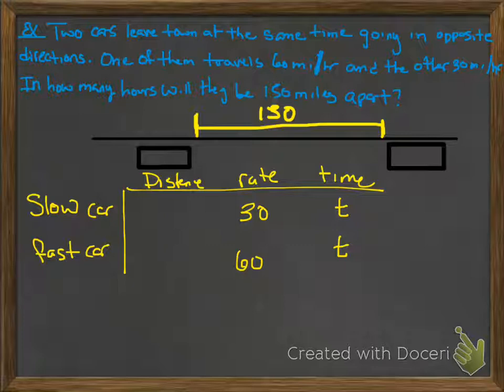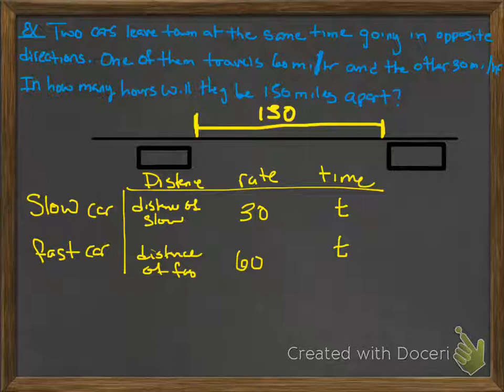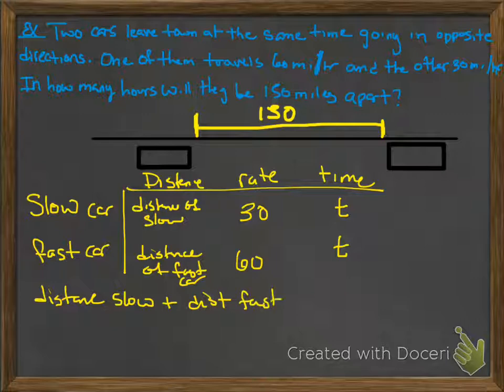So I want to know when the distance of the slow car plus distance of the fast car is equal to 150.